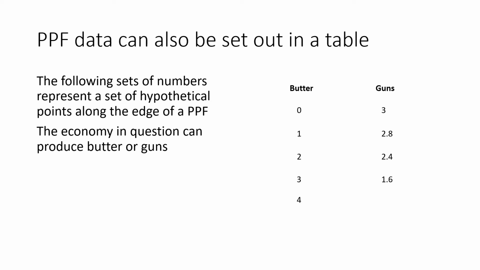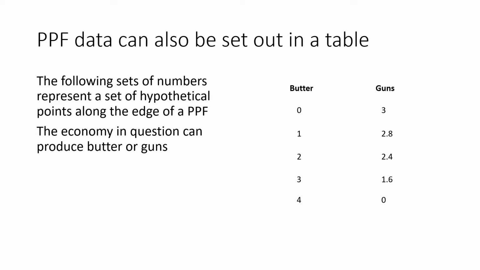Again, just to hammer the point home, let's imagine that we want to produce a 4th unit of butter. That would involve moving everything out of guns. So we've not got any factors of production producing guns at all, so the output of guns falls to 0. So the opportunity cost in total of producing all 4 units of butter is 3 guns given up.